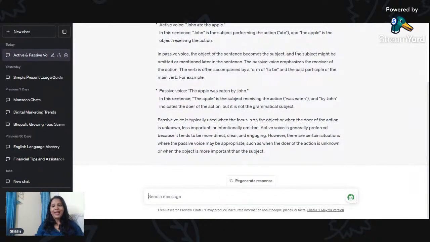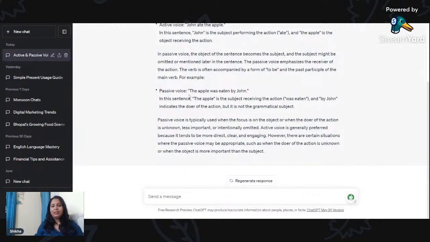In passive voice, the object of the sentence becomes the subject, and the subject might be omitted or mentioned later in the sentence. The passive voice emphasizes the receiver of the action. Okay, not the subject. The verb is often accompanied by a form of to be and the past participle of the main verb. For example, the apple was eaten by John.